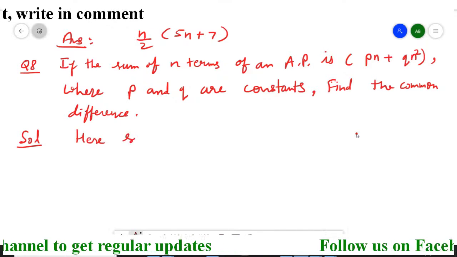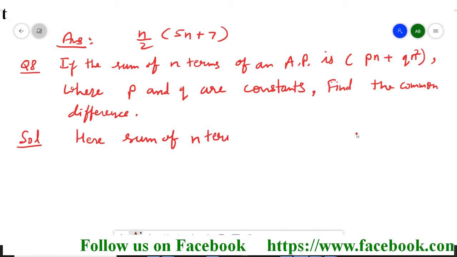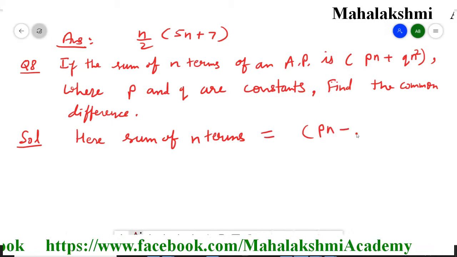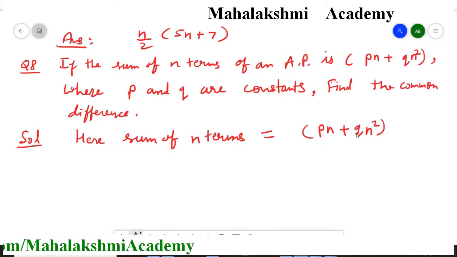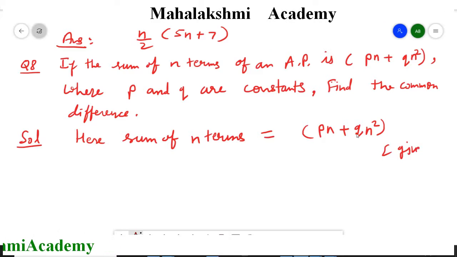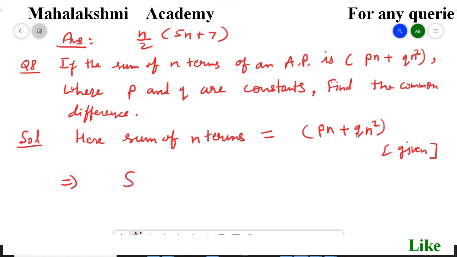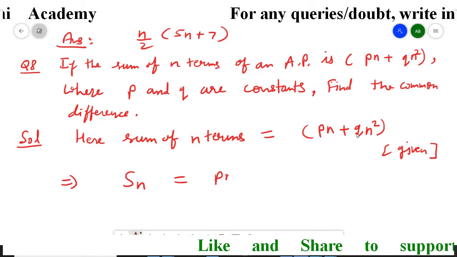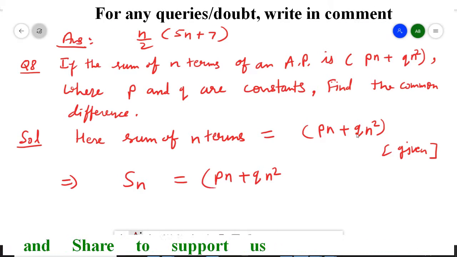Here the sum of n terms is equal to Pn plus Qn square. This is given to us, which implies the sum of n terms, in short we can write as Sn. So Sn is given to us as Pn plus Qn square.